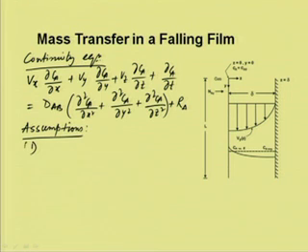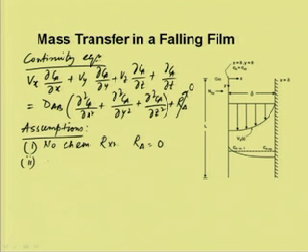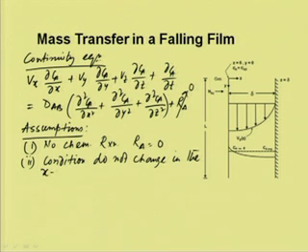No chemical reaction, so Ra will be 0. Conditions do not change in the x direction, so all derivatives with respect to x will be 0.